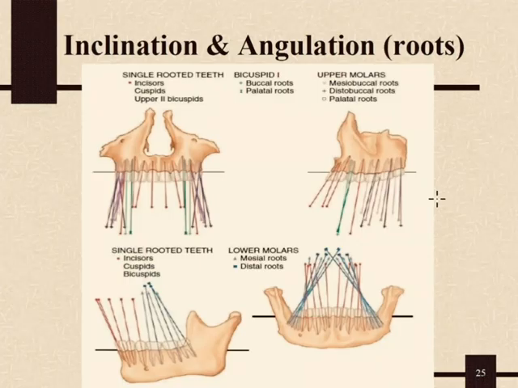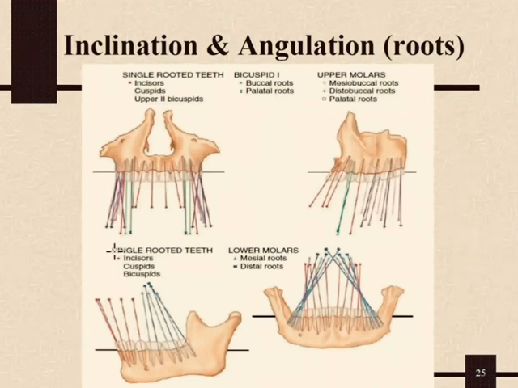Here it's the maxillary teeth, here it's the mandibular teeth. Normally we don't have absolute rules, but normally each tooth must be placed at the angle where we have good withstanding of the forces, mesiodistally or faciolingually.